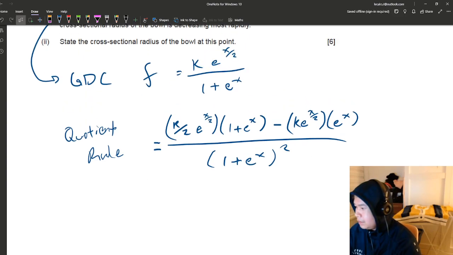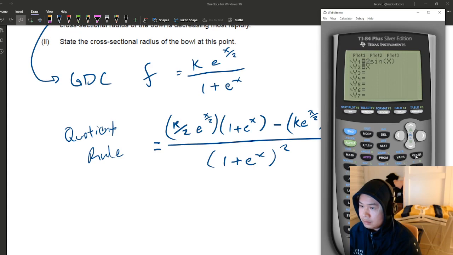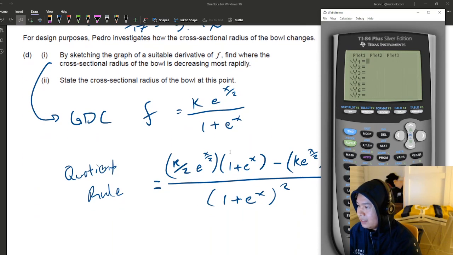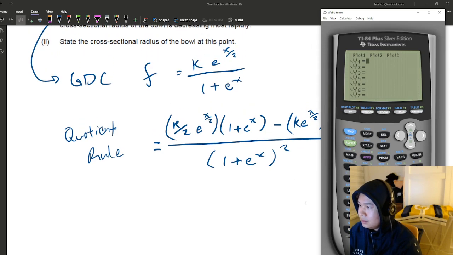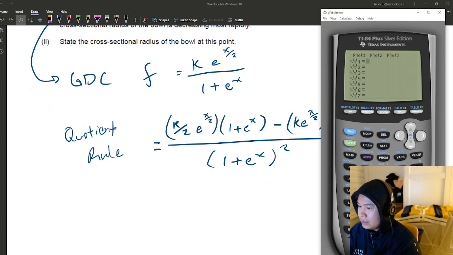So put this in our GDC. And whatever, it's ugly, but the calculator can handle it. Oh shoot, but k was 14.7. So 14.7.